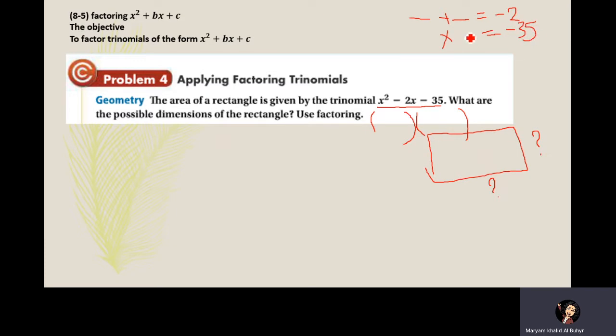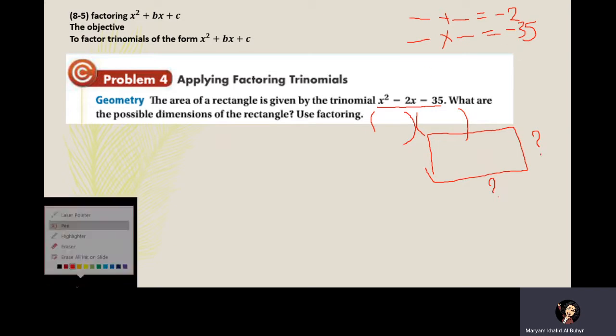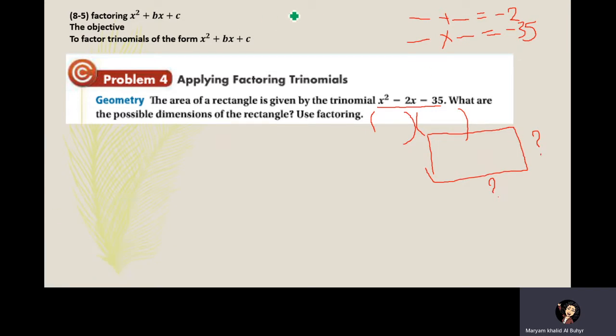I can think easily about 7 and 5, but I need one of them negative.